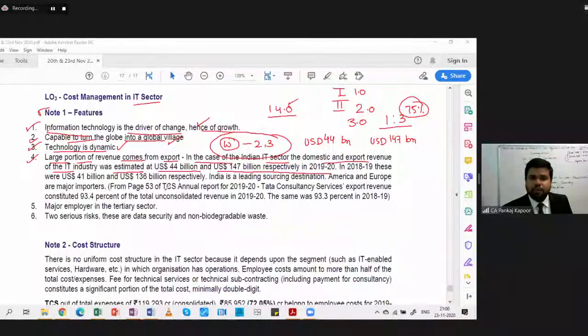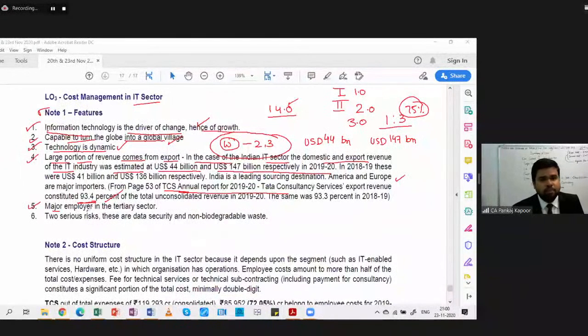If we take the example of TCS, it earns 93.4% of its revenue from foreign. So this is a very important feature of the Indian IT industry.